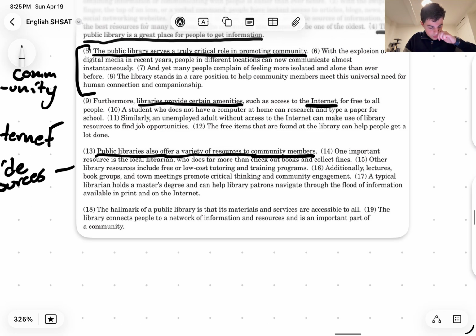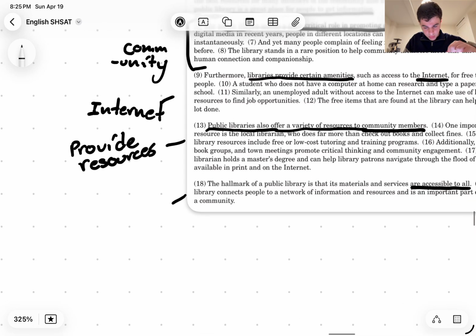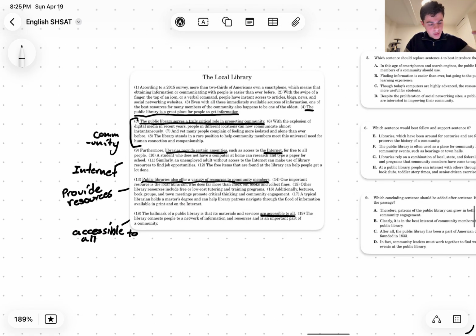And now here, the last one, our conclusion, is saying the hallmark of a public library is that its materials and services are accessible to all. So here we're saying, right, it's accessible to all. Right, so now we kind of already understand what the passage is going to be about.